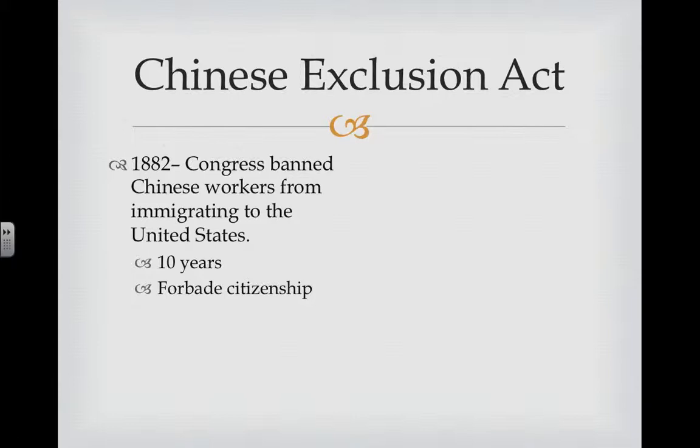It lasted for 10 years, and it forbade the citizenship of any Chinese person. So even though other immigrants were getting the opportunity to become citizens, the Chinese in particular were not given that opportunity, largely because I think their religious and cultural background was so different than other immigrants. It was really difficult for Americans to cope with those differences.